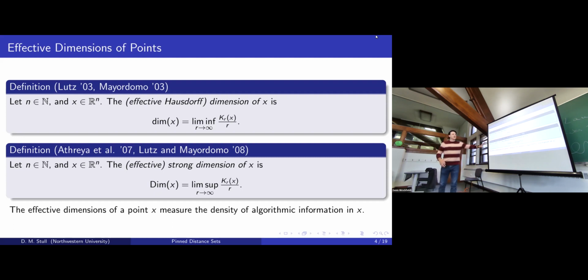So these were originally defined by Jack Lutz and by Athreya et al. using something called Gale's betting strategies. We're going to take these characterizations as definitions. Okay, so these are measuring the density of algorithmic information or density of algorithmic randomness of a point.